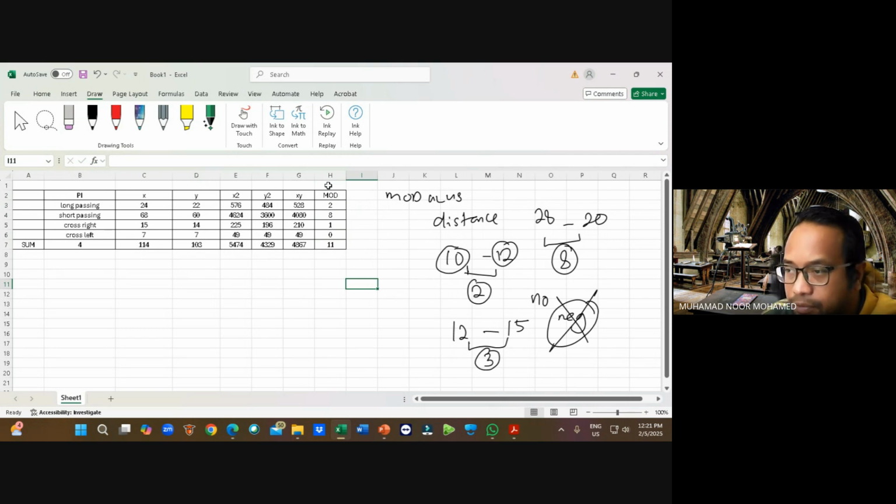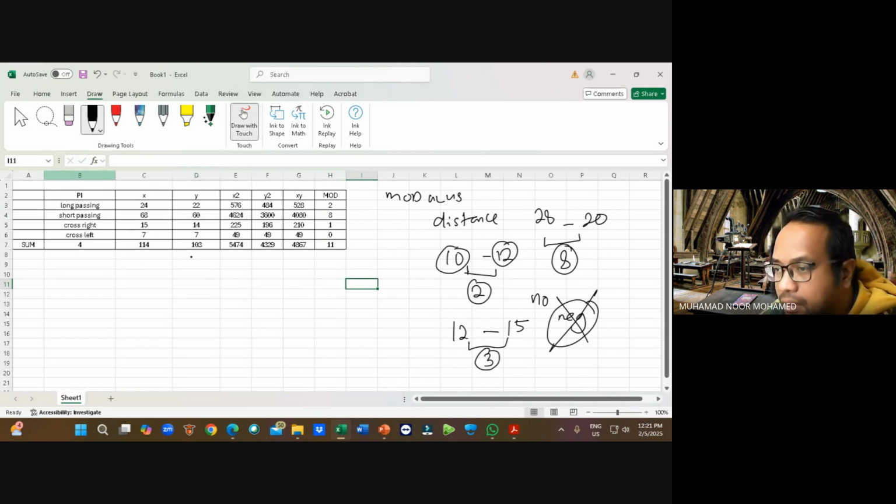Next, we are going to transpose all of these values into the equation.